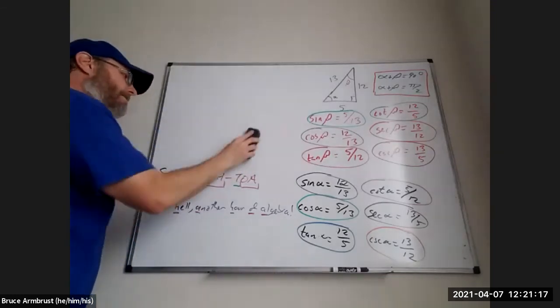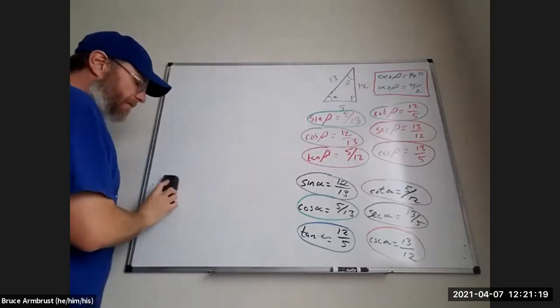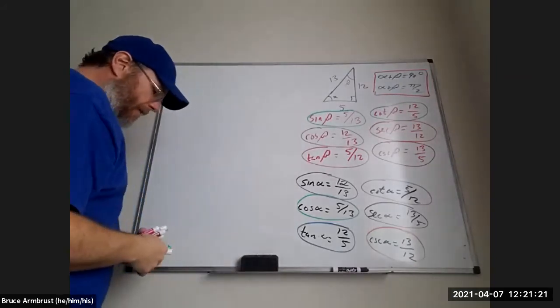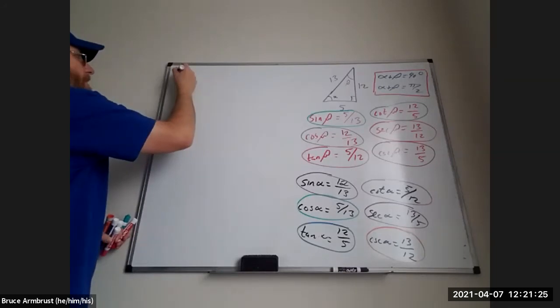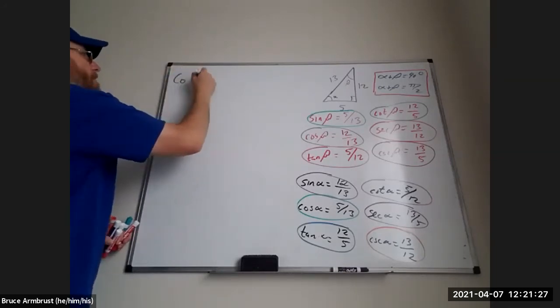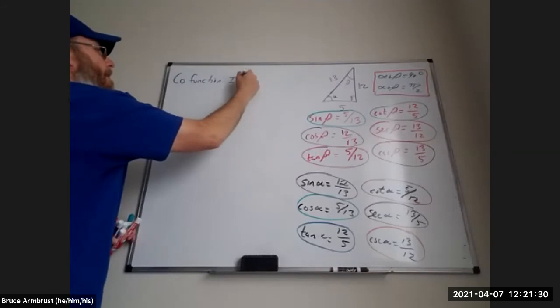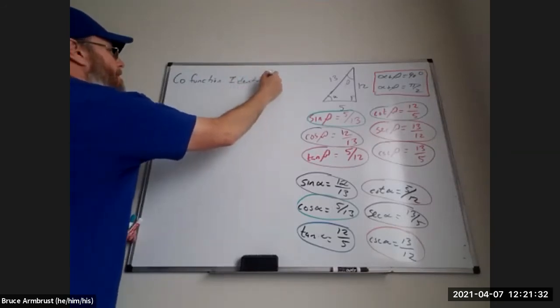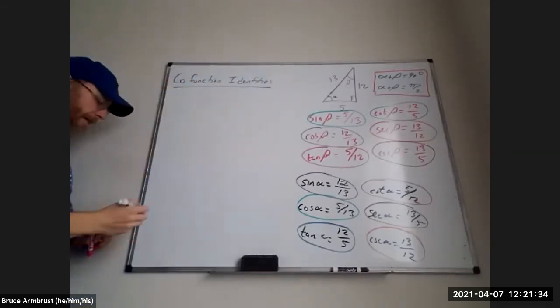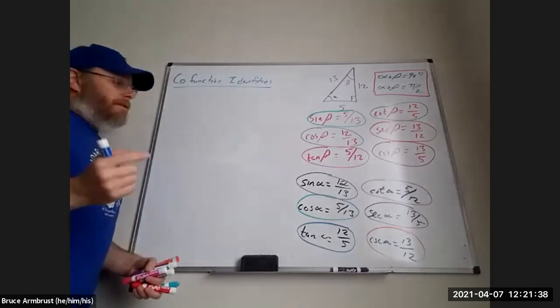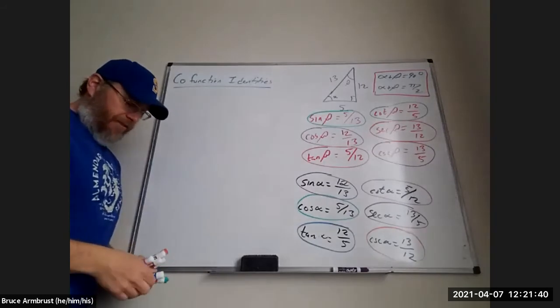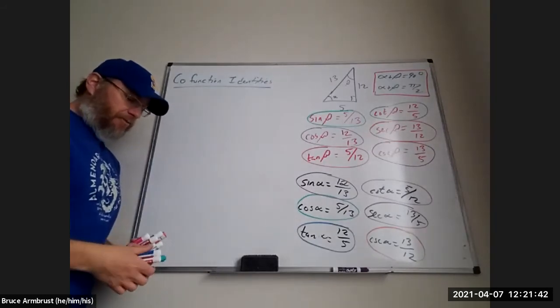Okay, so because of this fact, and the fact that the co-functions basically just swap, we can create what are called co-function identities. So just like we had the reciprocal identities, statements that are true regardless of the angle, co-function identities, it's the same deal. These are going to be true regardless of the angle.